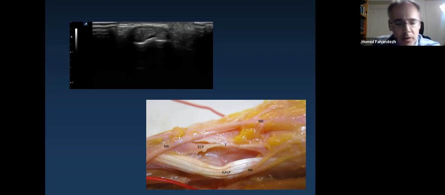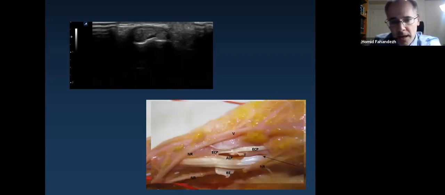Here you can see an ultrasound of one of the cadaveric specimens where you can see the rosette sign, a hypoechogenic area between the two tendons of the extensor pollicis brevis and abductor pollicis longus tendon, and the same case with the open dissection where we can see here the septum before and after the release.